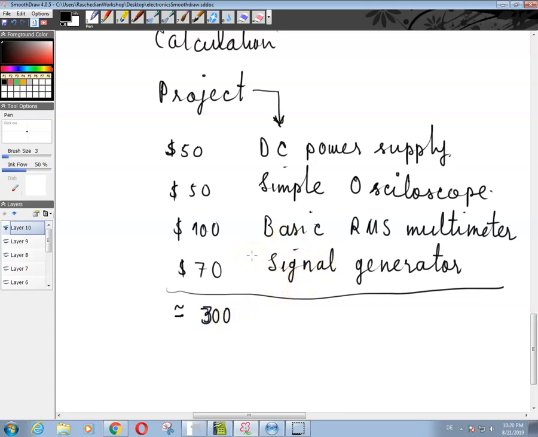And then you need a soldering iron, and other things like that. For that you could add at most another $200, and then with about $500 you're good to go.